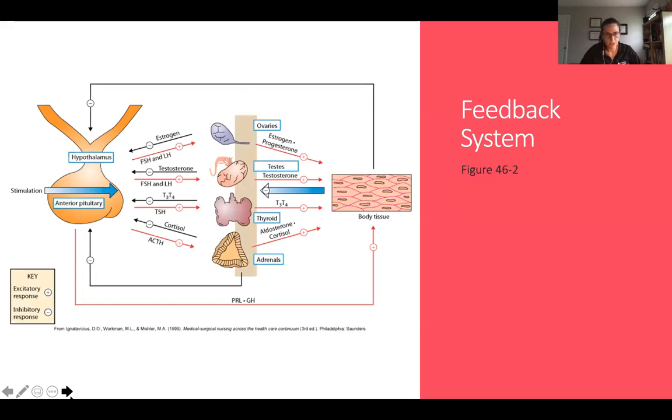So here is a chart of all of the glands and how the hormones work. And this is just a broad overview, kind of a refresher from anatomy and physiology. I won't be asking anything specifically of what gland secretes what, but basically the pituitary gland in your brain is the boss.